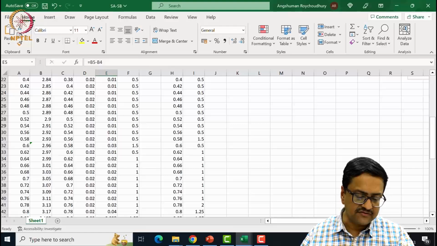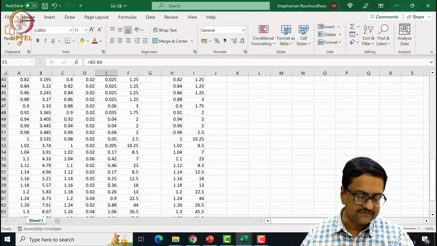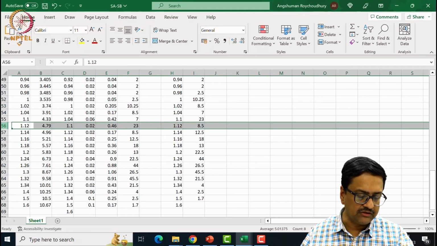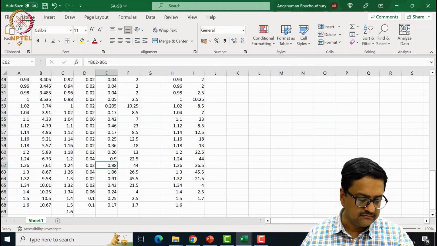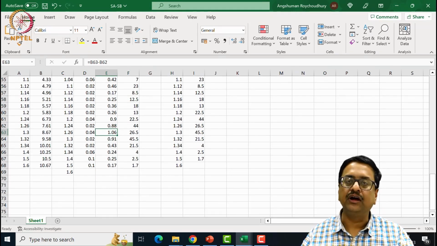You see that delta pH is very small, about 0.1 till a point, and then it increases slowly, reaches a maximum value at 1.12 ml, which is 46.46, and then it continues and goes and reaches the value 0.88, then at this point about 1, and then again it reduces to 0.17.